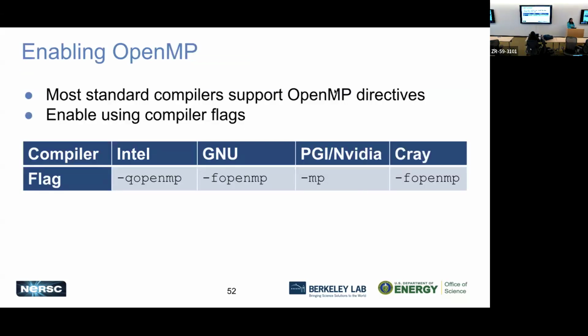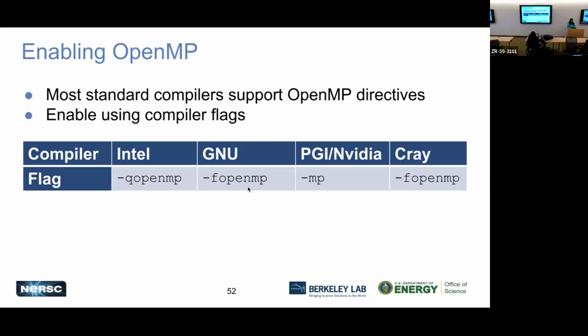I want to tell you this. Compiler flags: if you have OpenMP runtime libraries in your source code, you have to compile with the flag. If it's only directives, it's fine, they're just ignored. But if you have API runtime calls there and you forgot to use the flag to compile, it will complain because it doesn't recognize your runtime library.